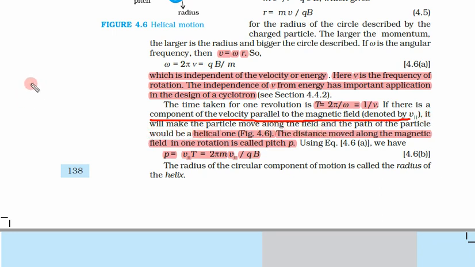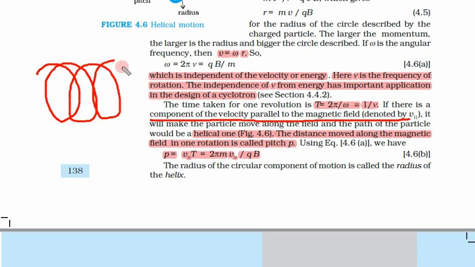So what was happening: if velocity was completely perpendicular, then the particle will move in a circular path and will not move from its place. But as there is some velocity which is parallel, the particle will move in a circular path as well as move along the direction of this magnetic field and make a helical, or spring kind of, structure.